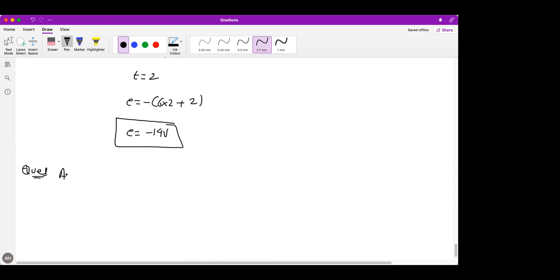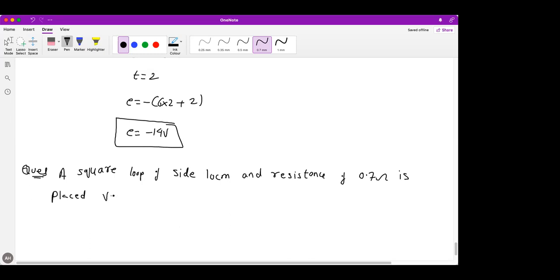A square loop of side 10 centimeter and resistance of 0.7 ohm is placed vertically in the east-west plane.